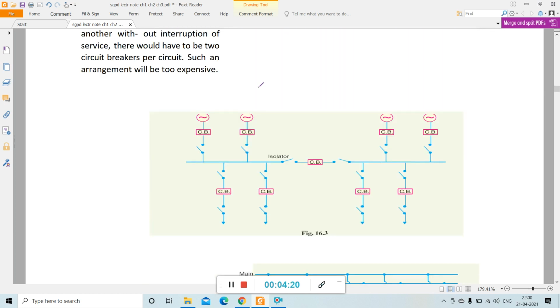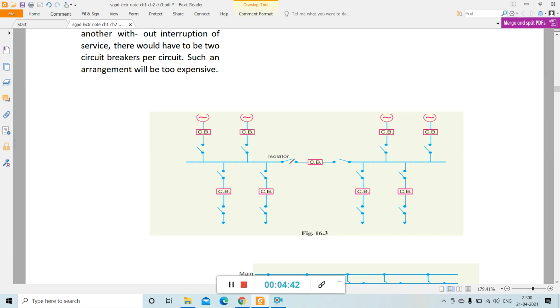This is the single bus bar system with sectionalization. It is a large system where a number of generators and a number of feeders are connected. This is one part and this is another part. Here is one single bus bar and we have to sectionalize this with the help of circuit breaker and isolator.